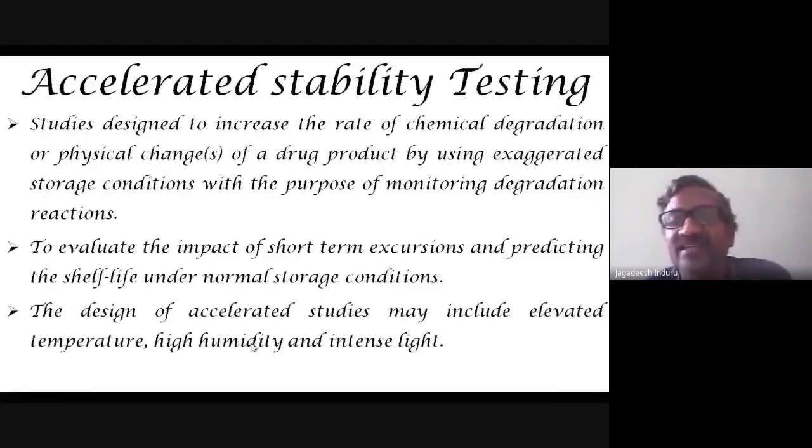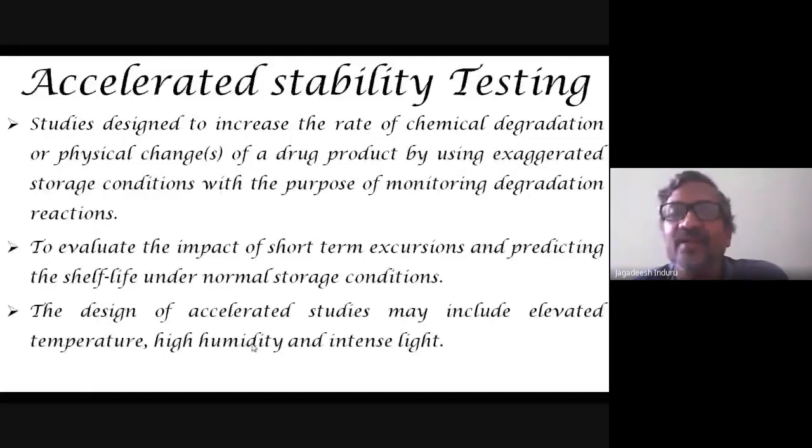When you have real-time testing, you test your stability during your shelf life. Why has accelerated testing come into existence? As I have already mentioned, when your shelf life is 2 years, you cannot wait for 2 years, and if your shelf life is 5 years, you cannot wait till 5 years are over before you launch your product.